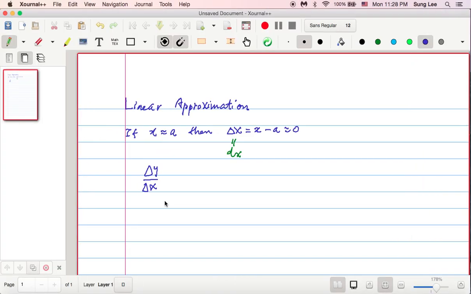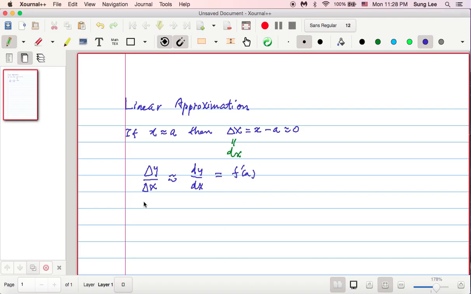So delta y over delta x is going to be close to dy by dx, which is nothing other than f prime of a, the slope of the tangent line to y equals f of x at a.